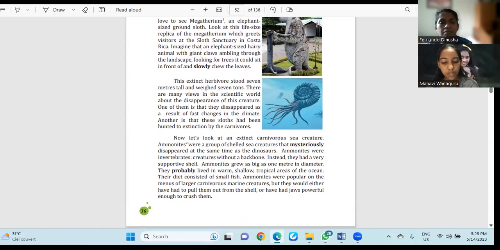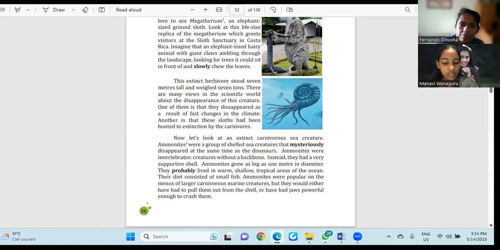Ammonites were a group of shelled sea creatures that mysteriously disappeared at the same time as the dinosaurs. Ammonites were invertebrates, creatures without a backbone. Instead, they had a very supportive shell. Ammonites grew as big as 1 meter in diameter.